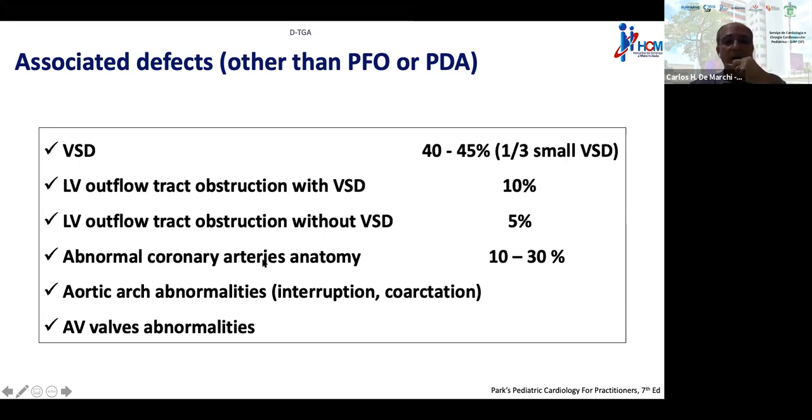Abnormal coronary artery anatomy is present in 30%. This is important for the surgery, for when we program the arterial switch. Aortic arch abnormalities are very common, interruption or coarctation, and atrioventricular valve abnormalities may occur with VSD.